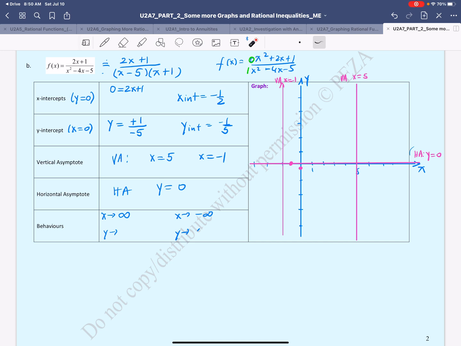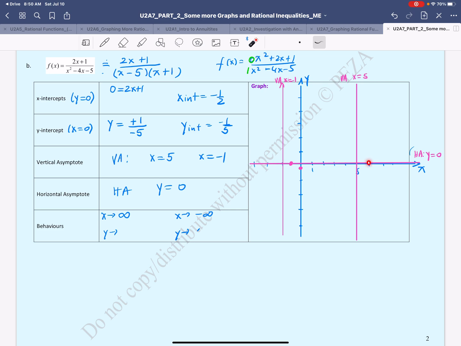Remember that we always discuss the shape of the graph in the intervals that make the domain of the function. The two vertical asymptotes divide the domain into three intervals: bigger than 5, between -1 and 5, and less than -1.